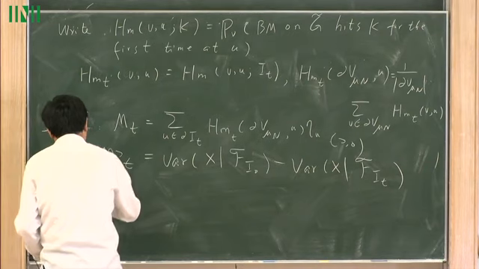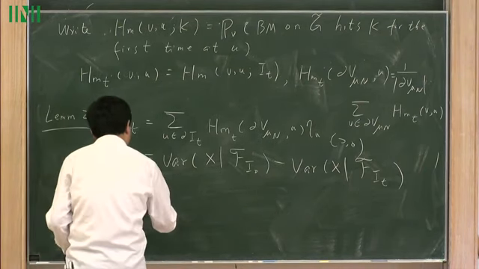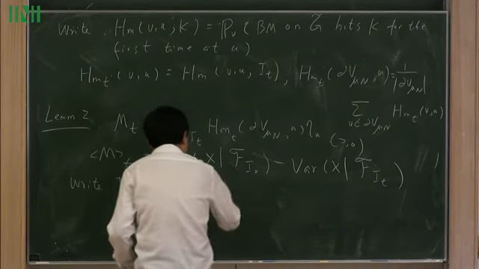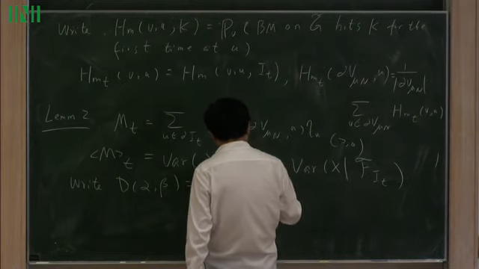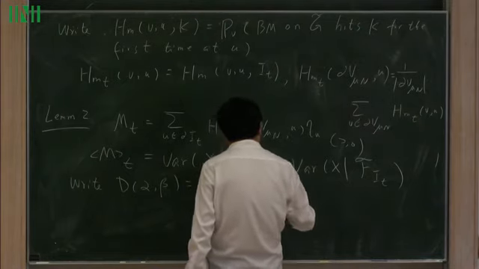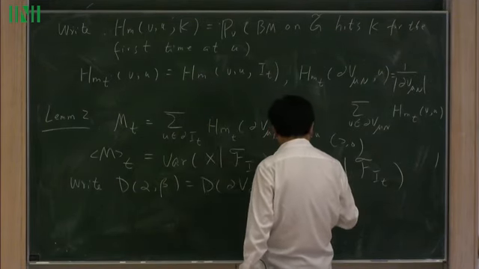Now we write d(alpha, beta) to be the distance between the alpha boundary and the beta boundary, just for simplicity.